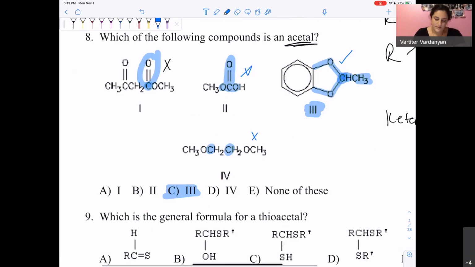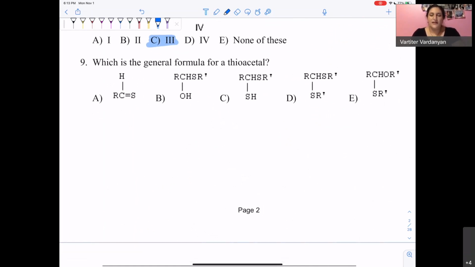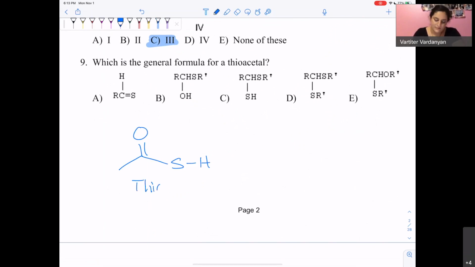Cool. So, number 9. Today in SI, we talked about what a thioester is, and so this is a thioester. The reason I bring that up is so I can show you the relationship between a thioester and an ester.